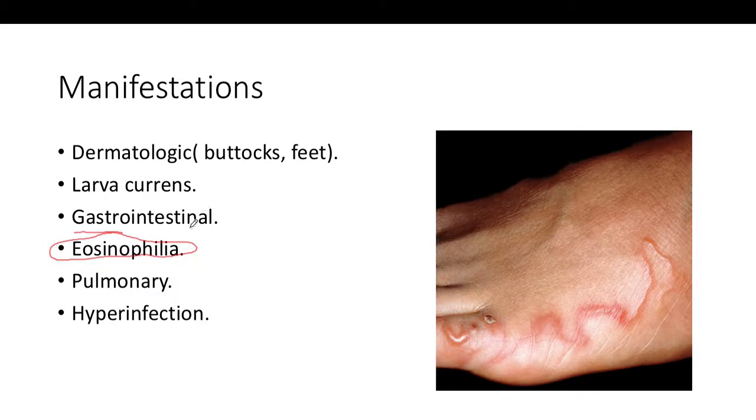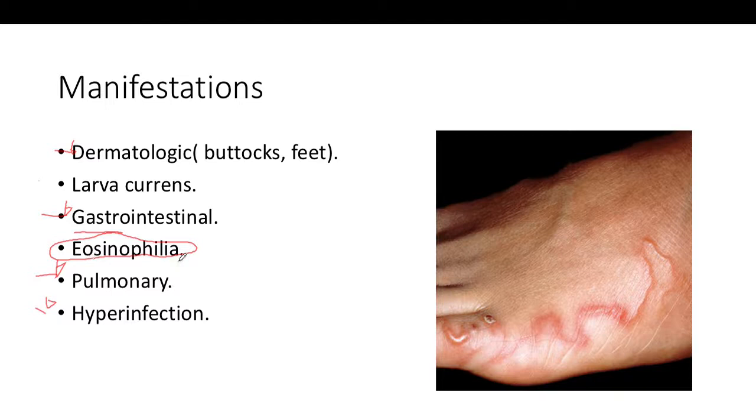The patients that most frequently develop the disease and the clinical manifestations are patients that are immunosuppressed. The manifestations can be divided into dermatologic manifestations, gastrointestinal manifestations, pulmonary manifestations, and there's something called hyperinfection.